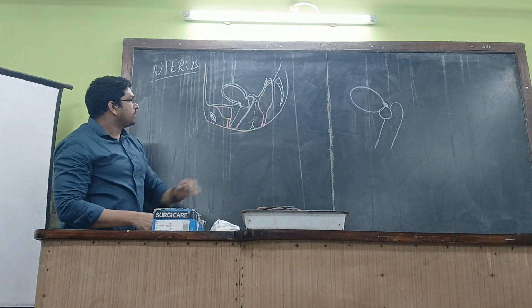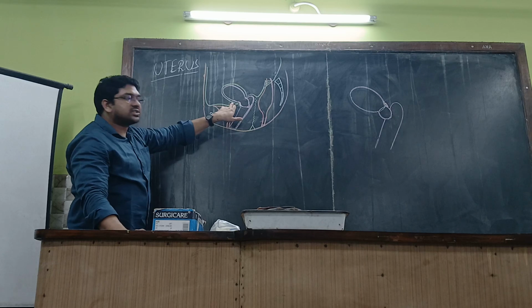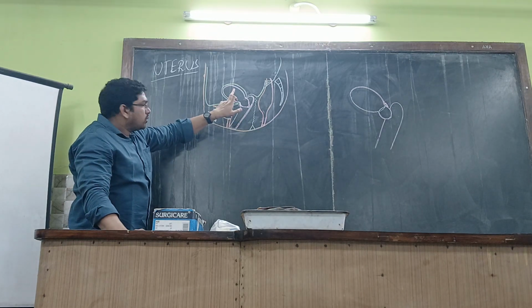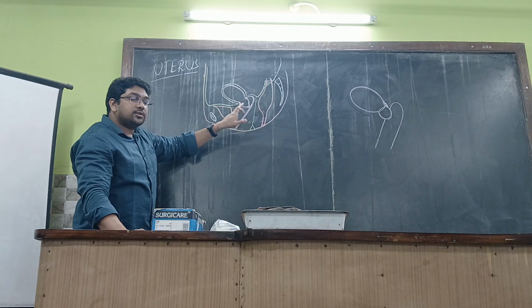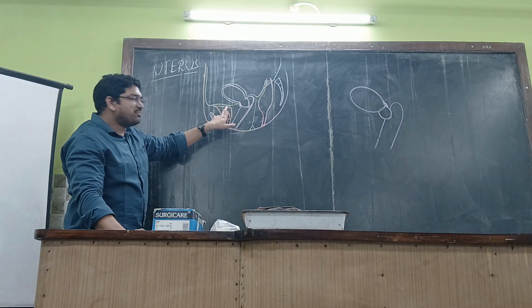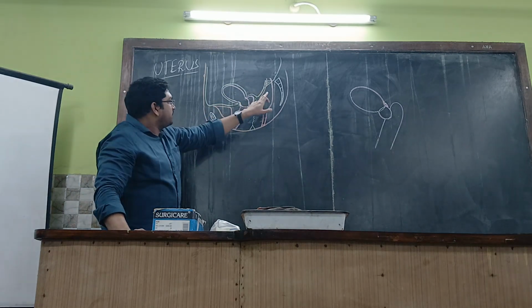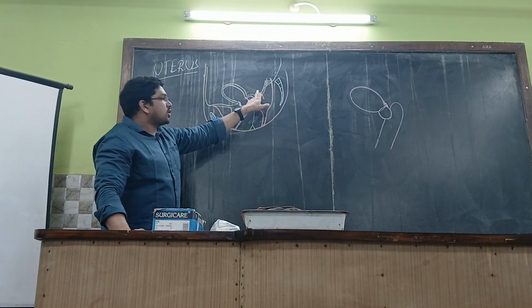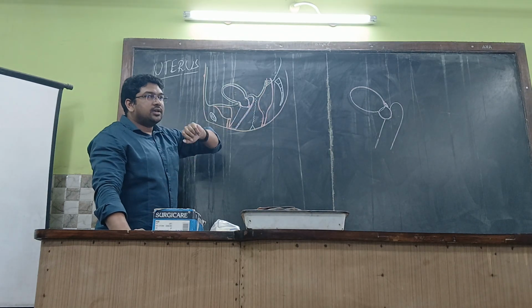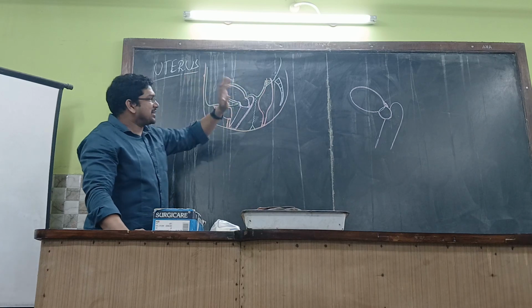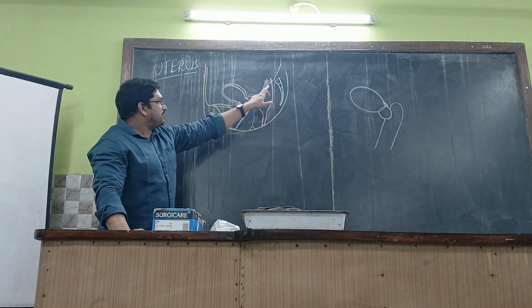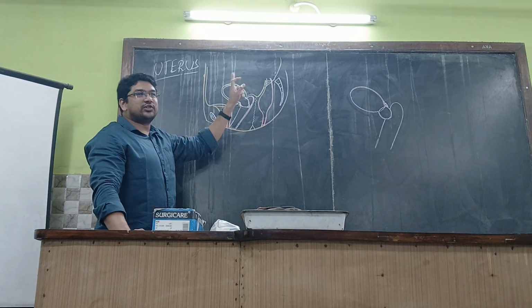So this pouch is termed as uterovesical pouch, and this pouch in between rectum and uterus is the rectouterine pouch of Douglas.